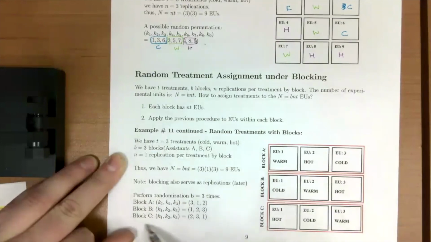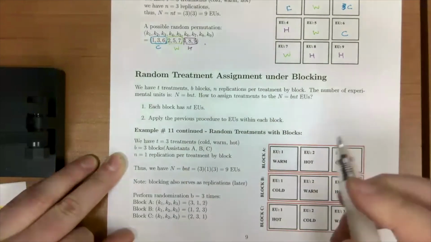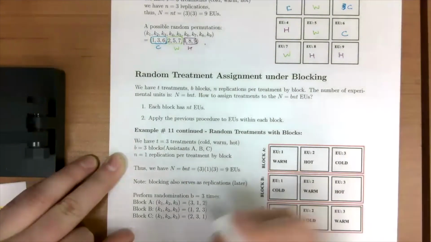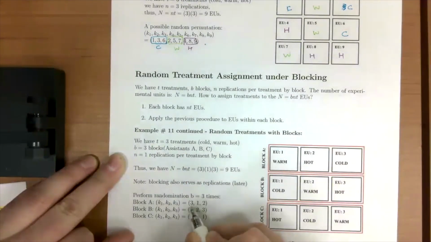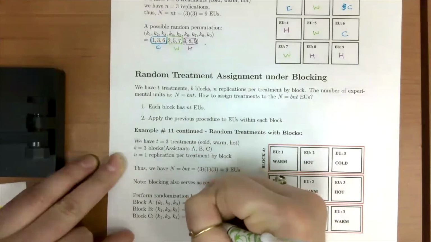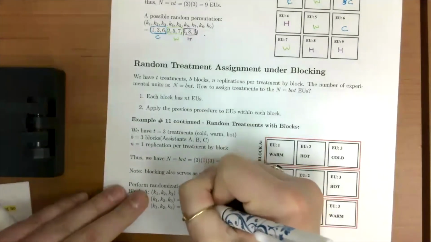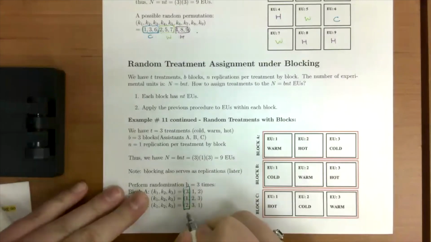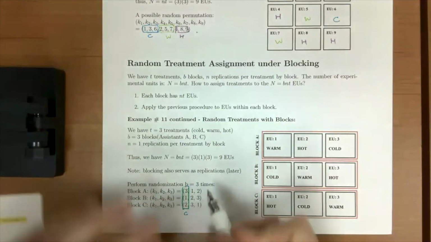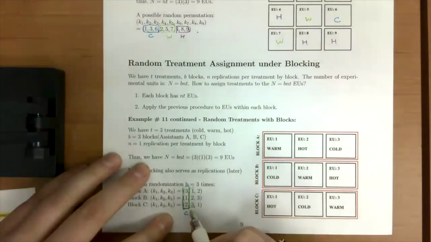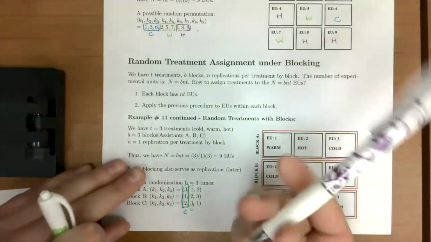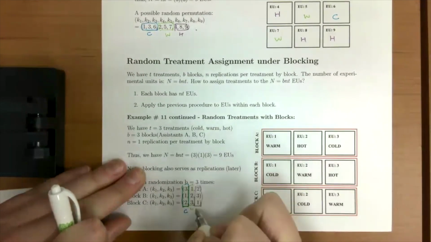So right here, what this is saying, K1, 2, 3, is these right here, which should be blue, are going to be assigned cold. These will be assigned warm, and these will be assigned hot.